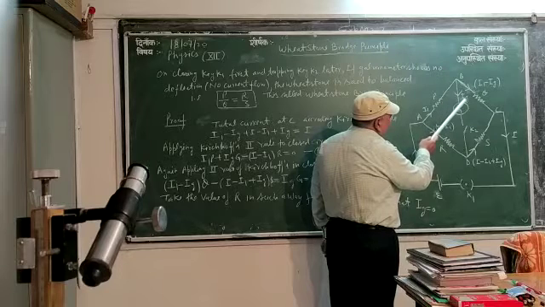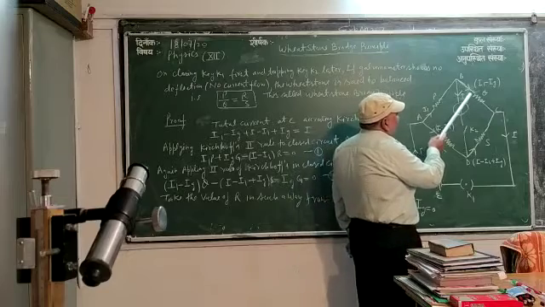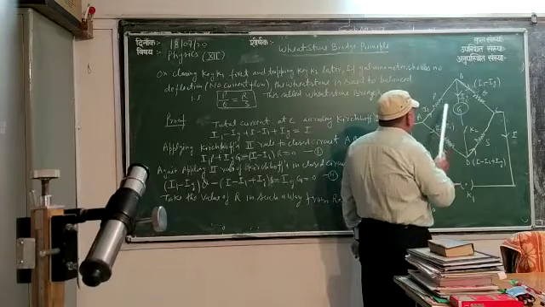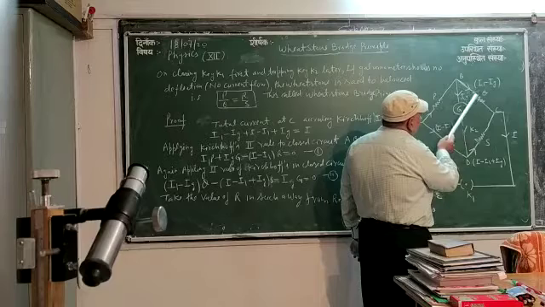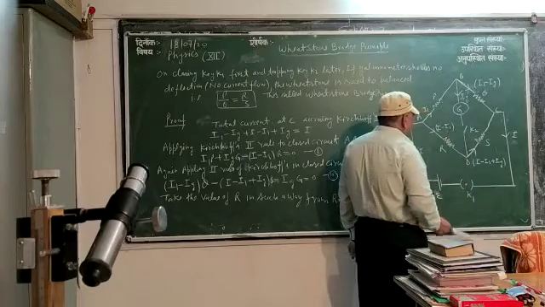One part of the current, IG, flows through the galvanometer, and another part of the current I1 goes in branch arm BC, that is through resistance Q, that is I1 minus IG.